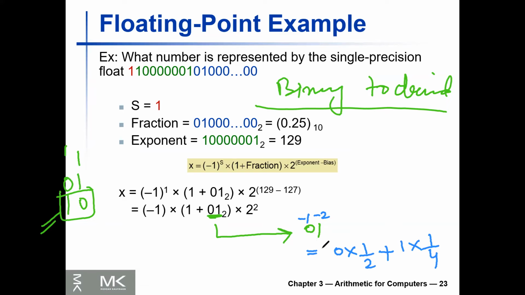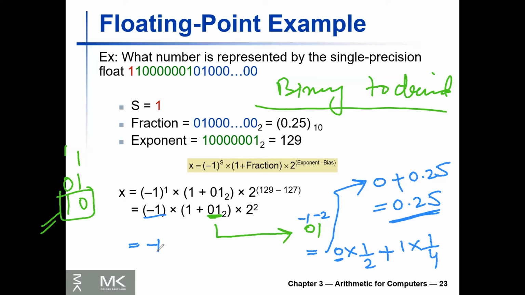Okay, so when you multiply with 0, it is going to be 0 plus 1 into 1/4. 1 into 1/4 will give you 0.25. Am I right? Which is 0.25. I am getting this answer. Okay, now the sign is -1, and this one is 1.